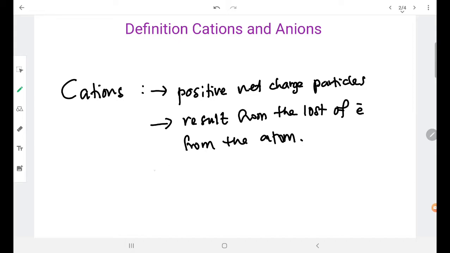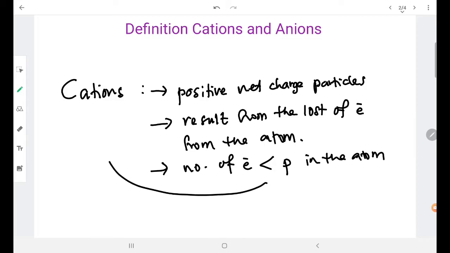So what happens is the number of electrons is less than the number of protons in the atom. So it made the atom become a cation.